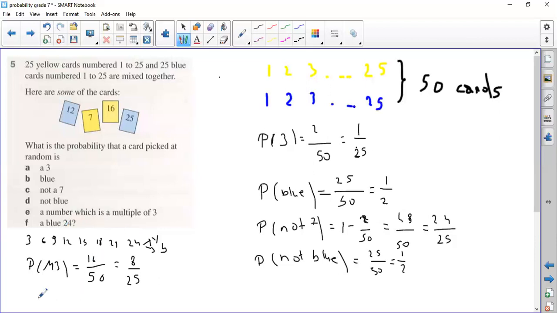There is only one blue 24. So the probability for a blue 24 will be 1/50. So these ones are the probabilities that we can find in this question.